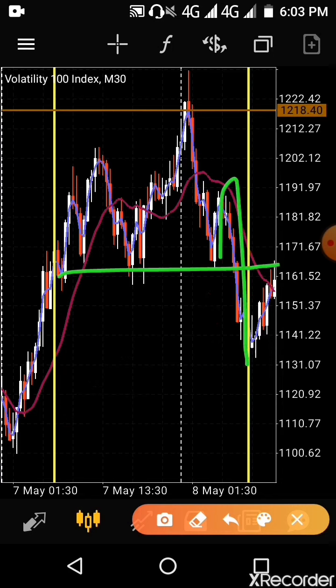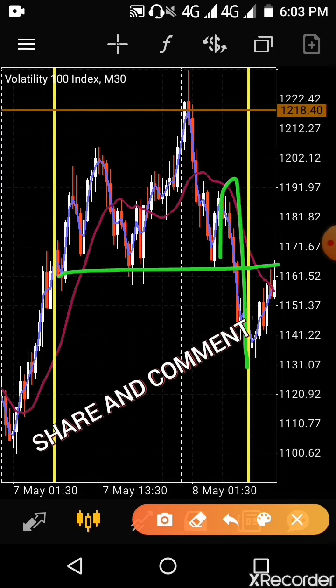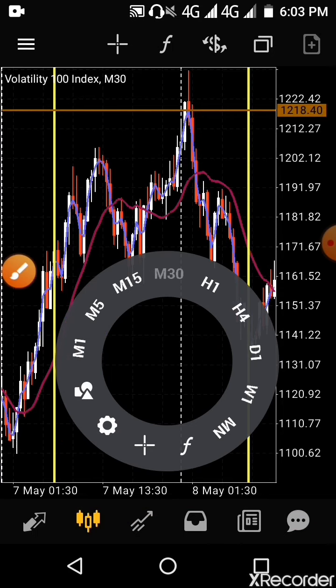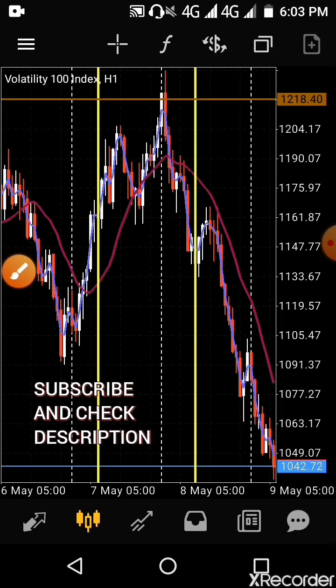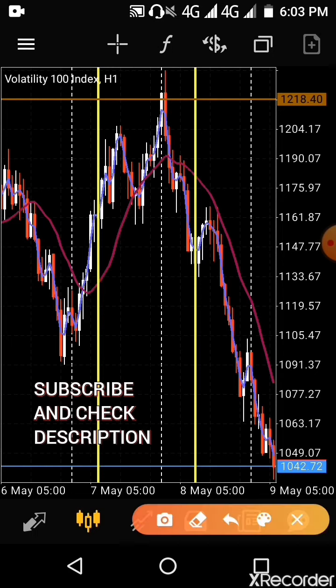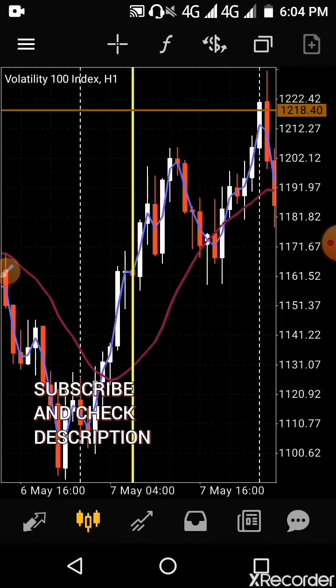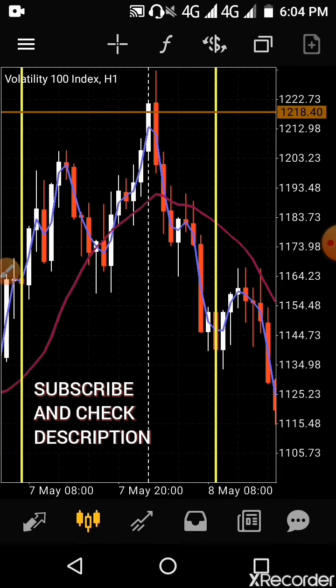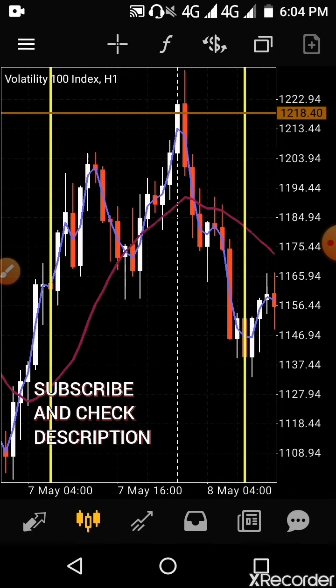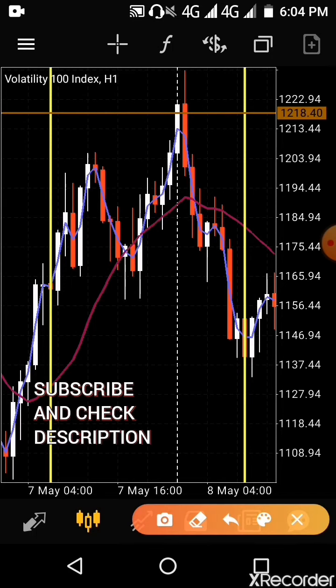All right, okay, so you realize that as you see this M formation on M30, let's go to the 1 hour time frame and see what is going on. Wow, on the 1 hour time frame too, there is this same M pattern formation. All right, let me zoom in a bit. Let me zoom out. This M pattern is in the same 2 yellow lines that we have identified the M pattern on M15.